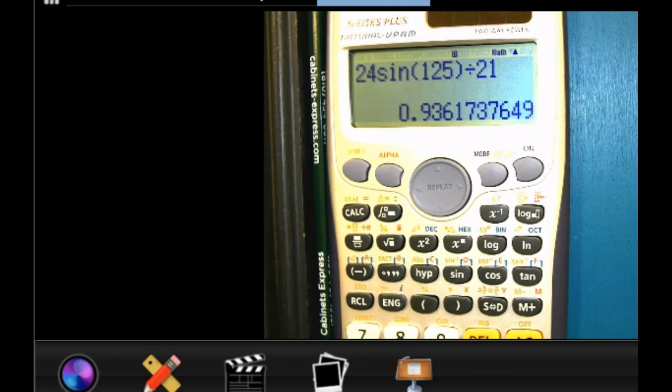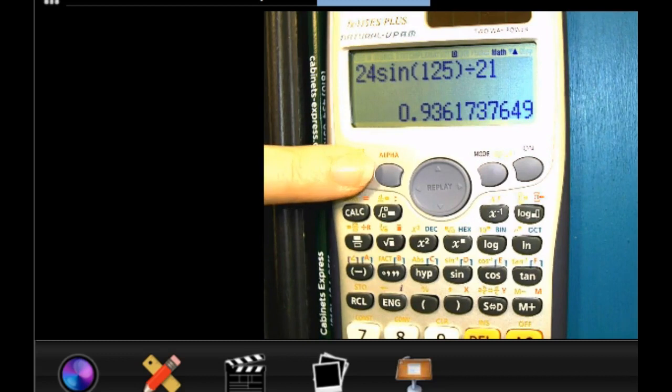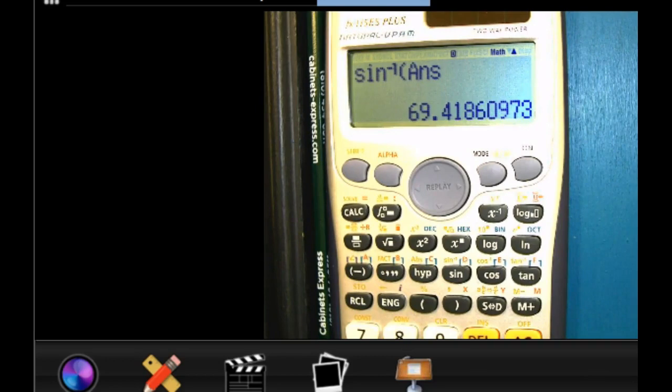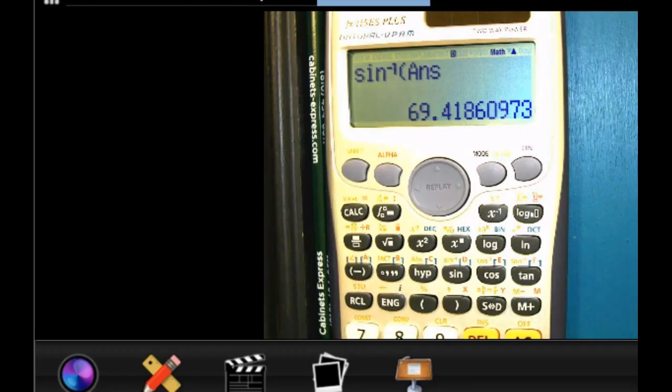And then that's the sine of A, right? So I do sine inverse of my answer, and I get 69.419. So the measure of angle A equals 69.419 degrees.